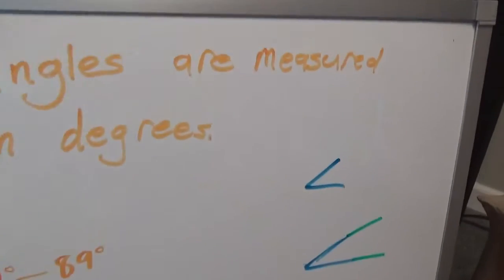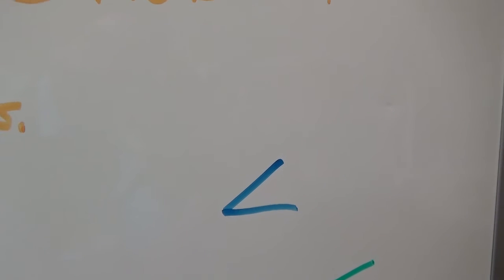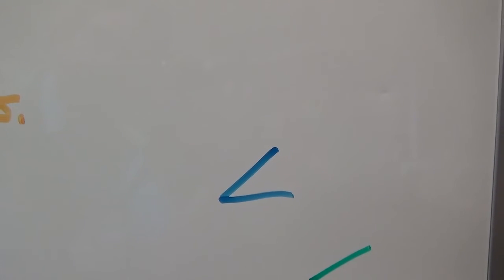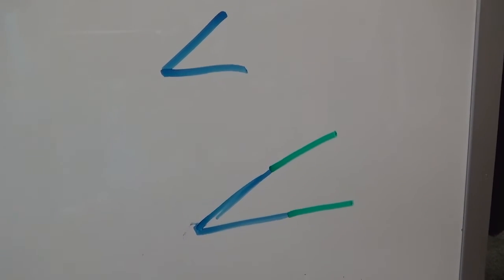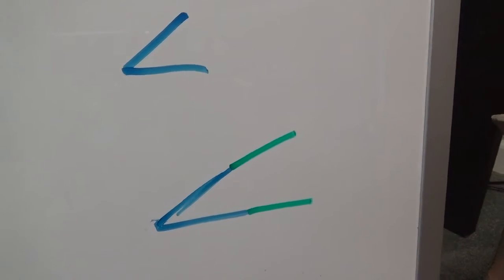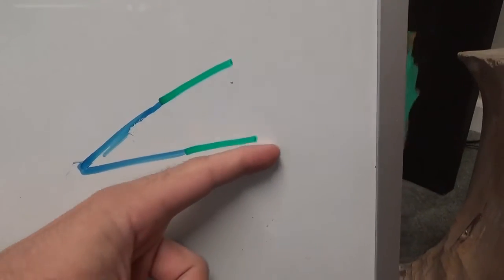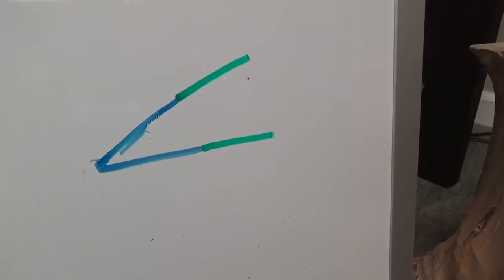So for example, if we have an angle like this, and maybe this angle is too small to use the protractor with it, you might have to come along and draw an extra line to make it longer. You'll take your ruler and extend these lines out.